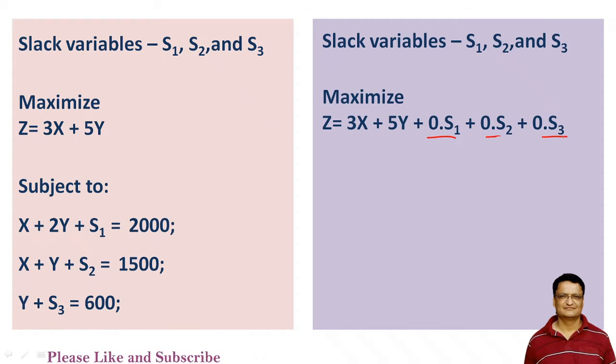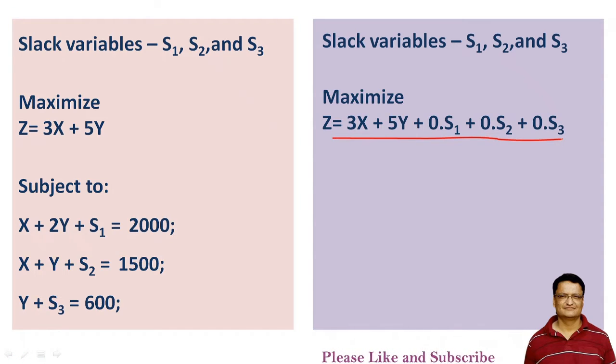The slack variables are not contributing to the profit because they are the unused resources, so their profit coefficient will be 0. But to create a standard form we have to write it like this.